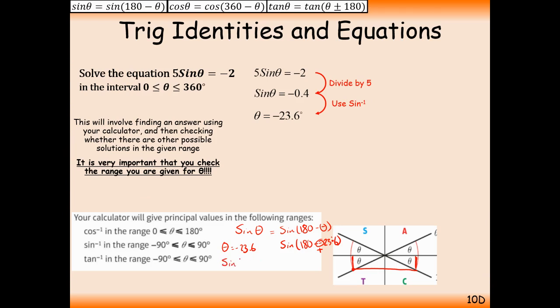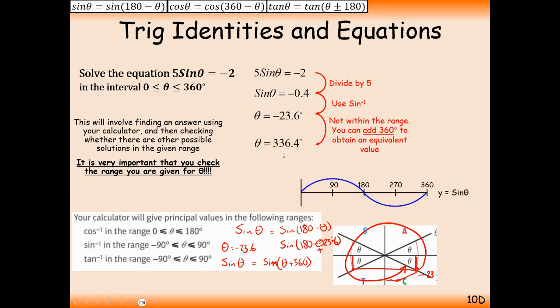Sine of theta is the same as sine of theta plus 360. Because we're looking at it as a negative 23.6, when you add 360 to it, it will just turn it into a larger value.